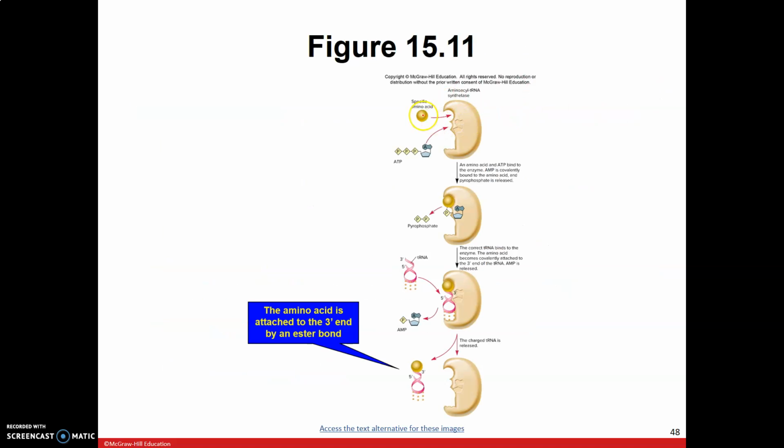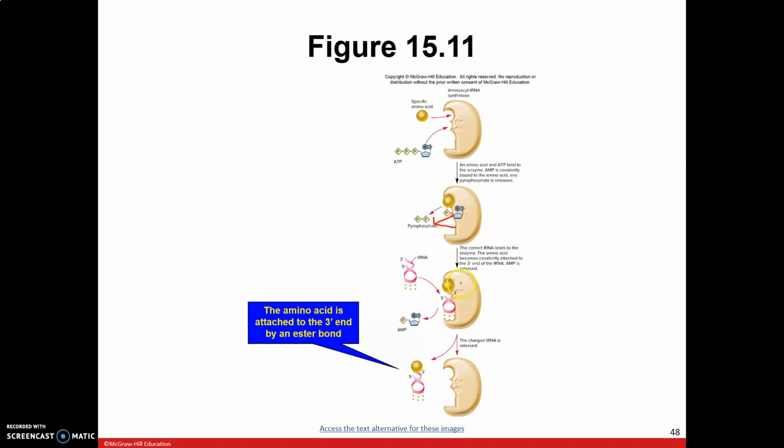So here are the steps. You have a given amino acid. Here is the aminoacyl tRNA synthetase, the enzyme. This one just happens to take this one specific amino acid, the yellow one, okay? It binds with some energy, with some ATP, which gives a phosphate to the given amino acid. Then the ADP is ejected out.